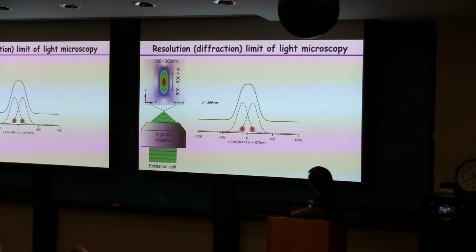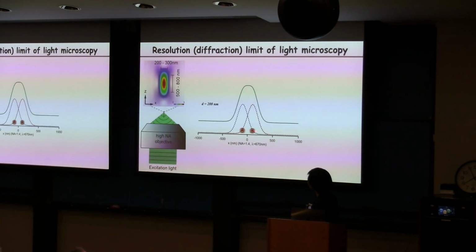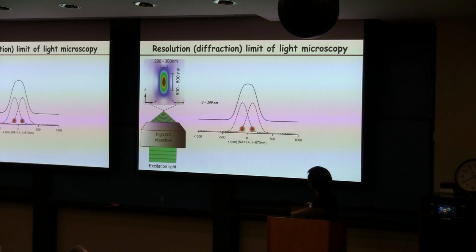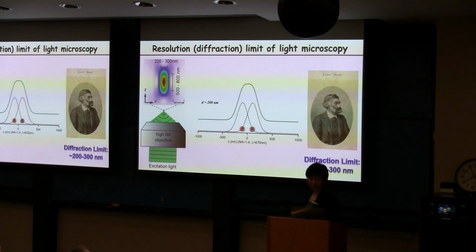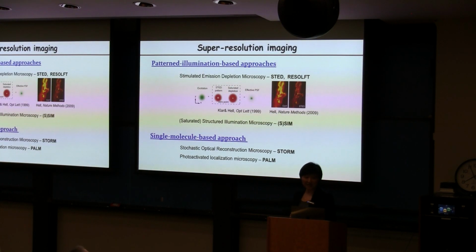But as the molecules get closer and closer together, eventually they get to a distance comparable to the size of their image, and their images will be substantially overlapping, and you can no longer resolve them. That was recognized by Ernst Abbe in the 1870s, hence this diffraction limit is also called the Abbe resolution limit.